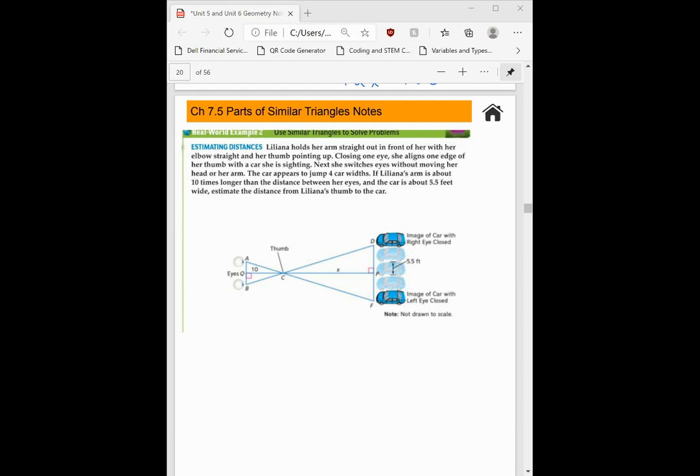Since they are parallel and our angles are congruent, we can confirm that both triangles are similar by AA similarity, which means we can write a proportion. So we have PC over QC equal to AB over DF. PC is 10, QC we don't know, AB is 1, and DF is 5.5 times 4.